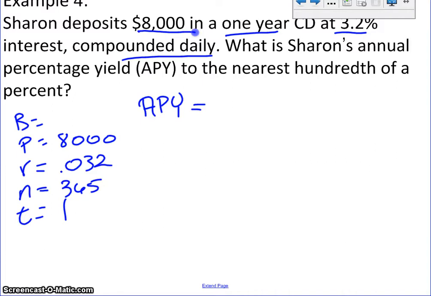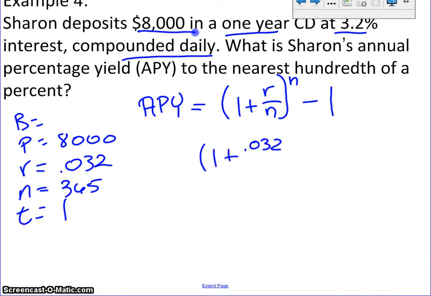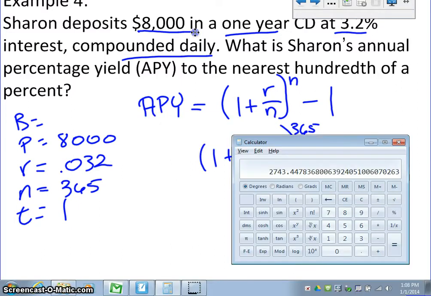So in this case, the APY, or annual percentage yield, is going to be 1 plus R over N, all to the N minus 1. So let's plug our values in. We've got 1 plus 0.032 divided by 365, all to the 365th power minus 1. So let's see how we do that in the calculator.